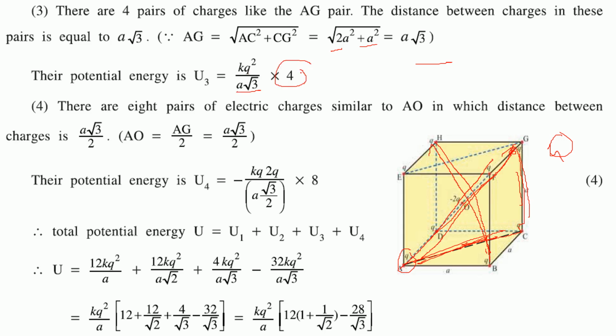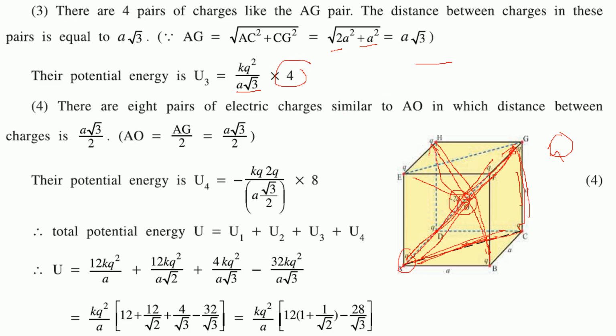Now there are 8 pairs of electric charges which are similar to AO. What is that? See, this is O, there is a minus 2Q charge here. And this is 1, this is 2, this is 3, this is 4. So there are around 8 pairs like this.